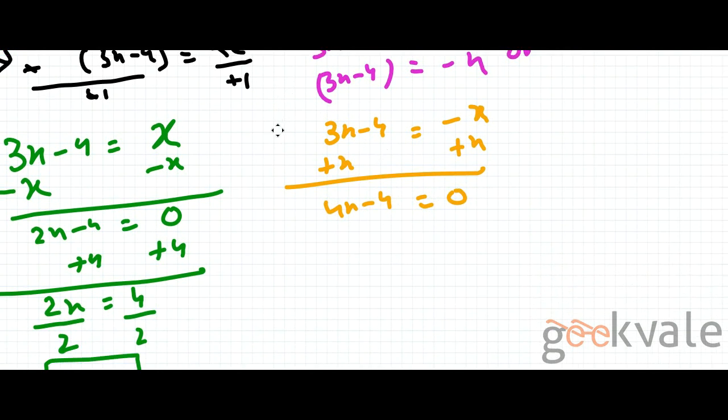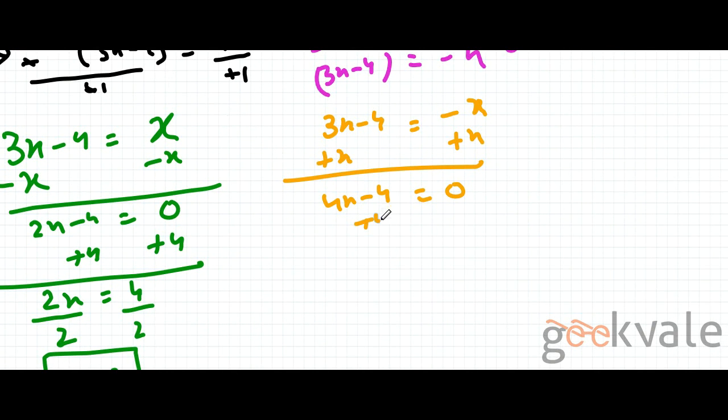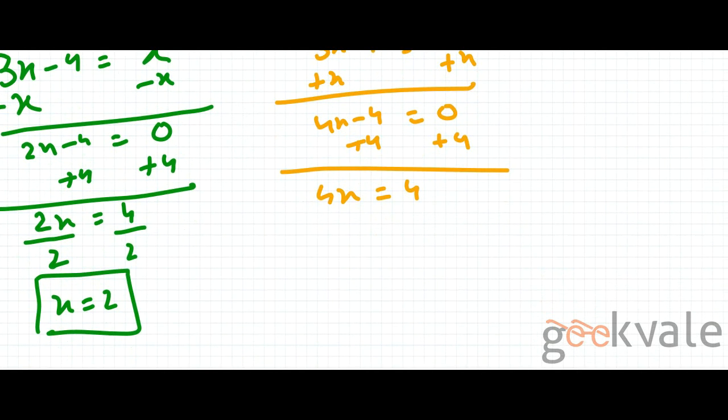Then I add 4 to both sides to get 4x equals 4, and divide both sides by 4 to get x equals 1. So the two answers I got are x equals 2 and x equals 1.